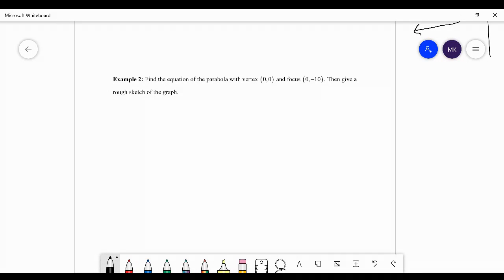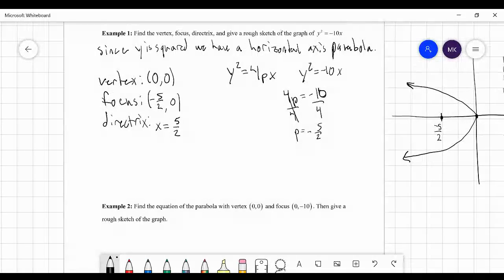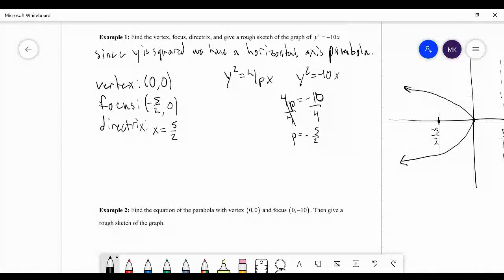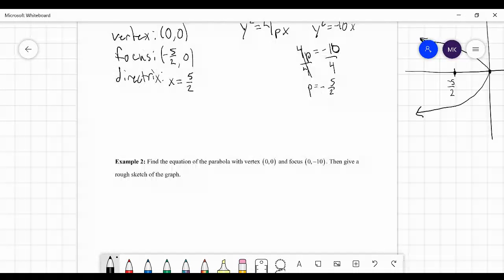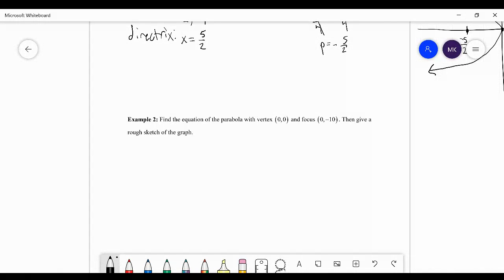Now, without going all the way back up to the top, I can just look at our last example, because our last example also had a vertex of 0, 0. So our focus here is 0, negative 10. In our last example that opened horizontally, it was negative 5 halves comma 0. Notice those are flipped. 0 is in the opposite spot. So that tells me that this is going to open vertically.